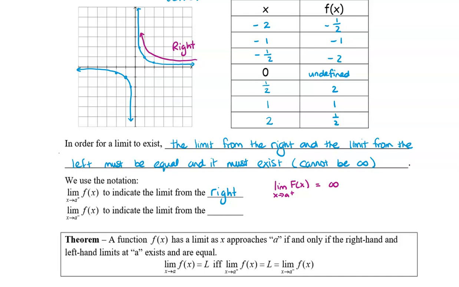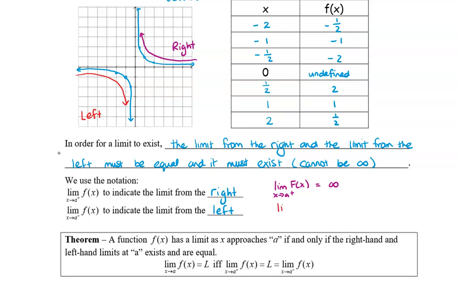Okay. Now you'll see in the second one that it says x approaches a. This time it has a little tiny negative sign. So that means the limit from the left. So the left is actually this side. So as we approach 0 from the left, you will notice that the graph goes down, down, down, down, down.